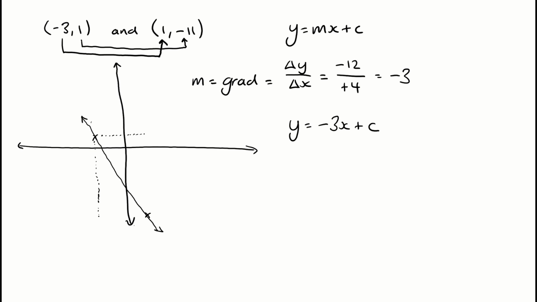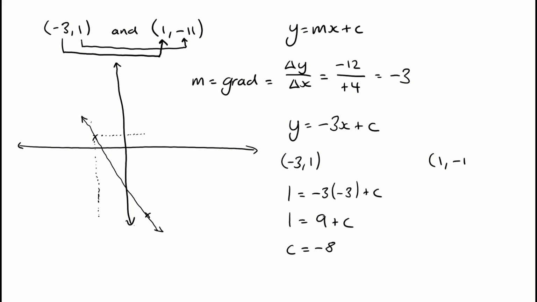So I can put either of these points in. Again, we'll do both, and I'll show you that both of them work. But you only need to do one. Let's start with (-3, 1). So if I put that point in, I've got a 1 for y, and I've got a negative 3 going in for x. And I can solve this equation now for c. So 9 plus c, so c would have to be minus 8. And I can do the same for the point (1, -11).